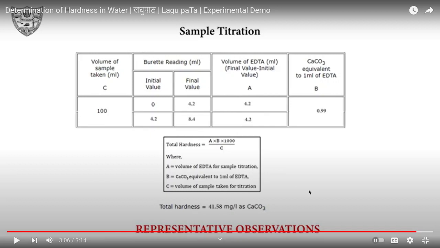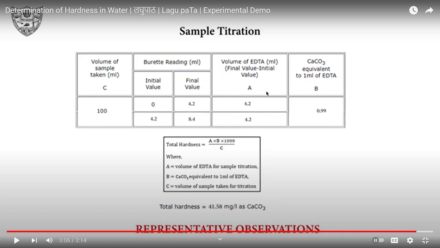So once the standardization was done, we took our sample and titrated it with EDTA, and then we found the amount of EDTA used for that titration. So now we know 1 ml of EDTA is equivalent to 0.99 milligram of CaCO3.